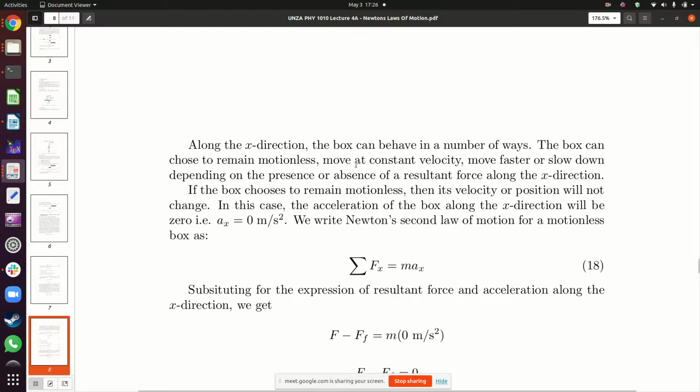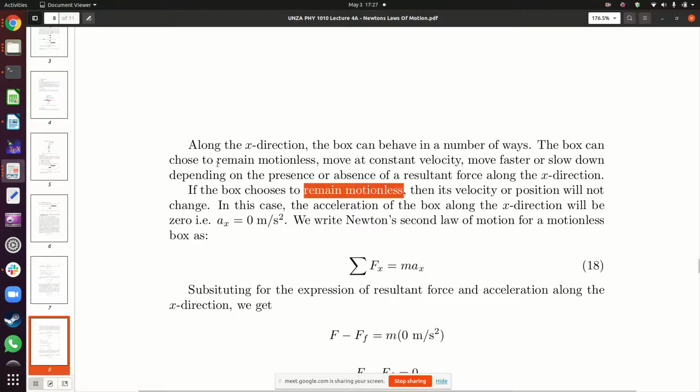The next thing is to consider what could happen to the box as a result of this resultant force. The simplest thing which could happen really is that the box could decide to say, I'm not going to move. So the box could choose to remain motionless. That's the first thing which could happen.